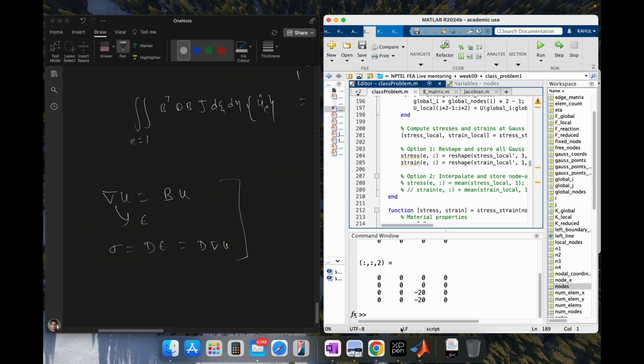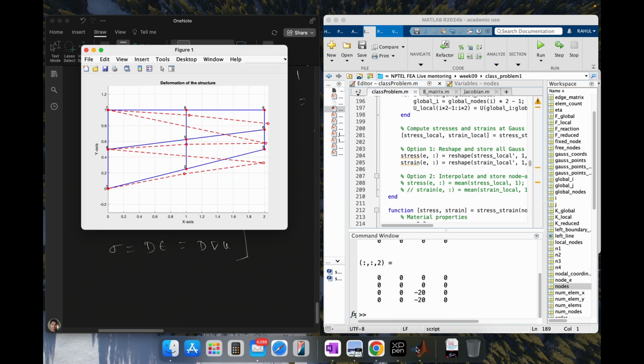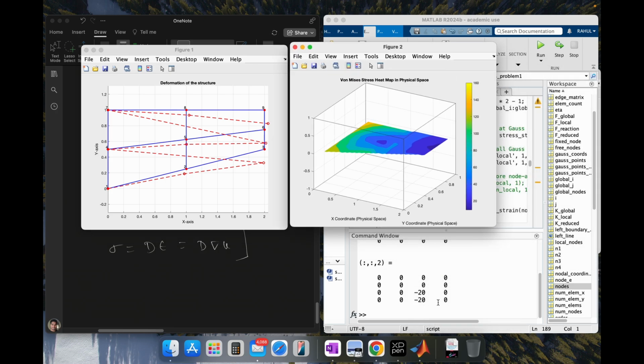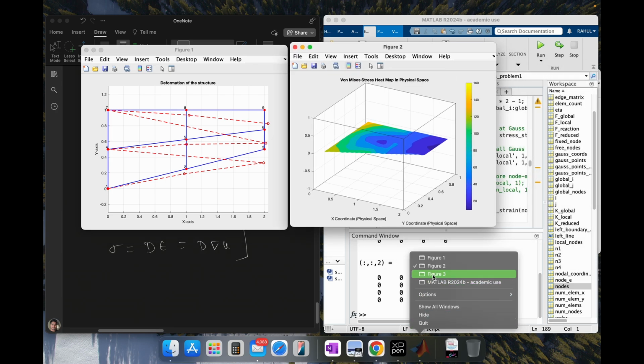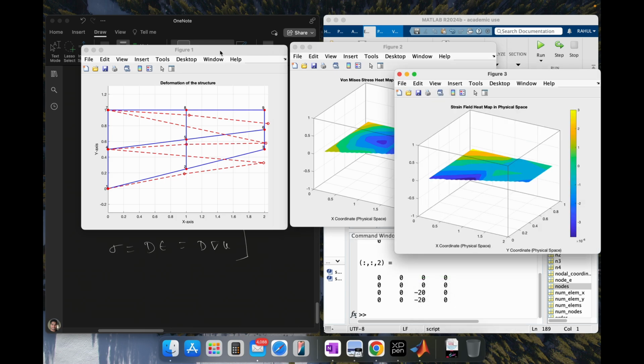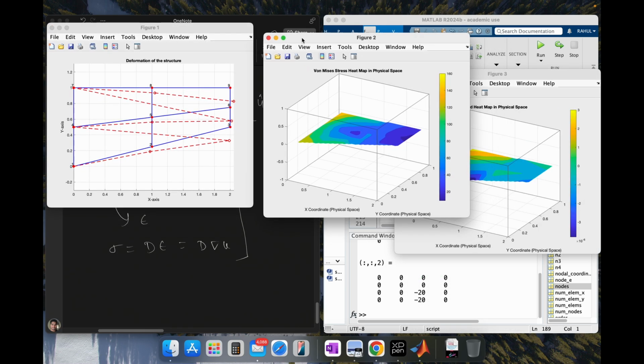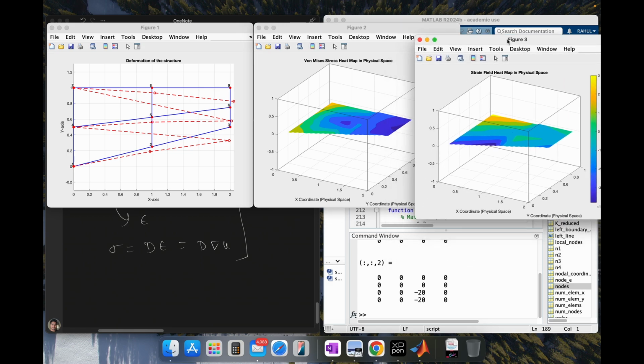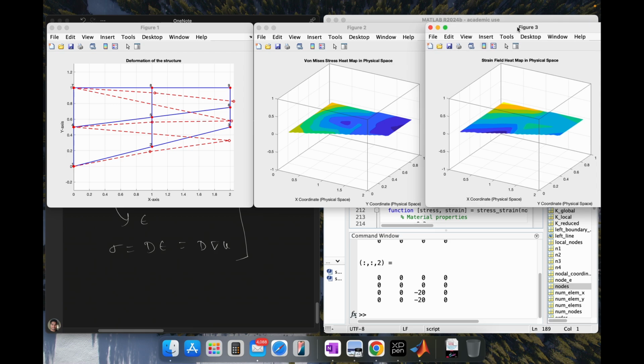We will also see figure 1 here. There is one more thing I want to mention. Suppose for each node it will have sigma 1, sigma 2, sigma xy.